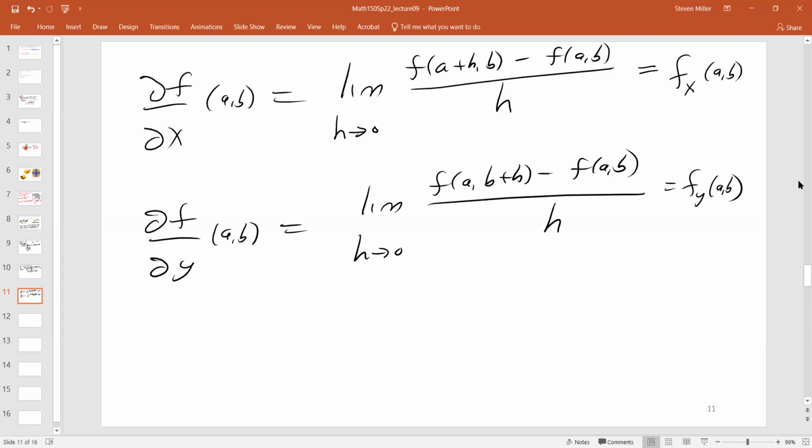And then later, once you take one derivative, what can you do? If you can differentiate once, what could you do? Again and again and again. So I could differentiate with respect to x and then y, or with respect to y and then x. Does it matter which order I differentiate?